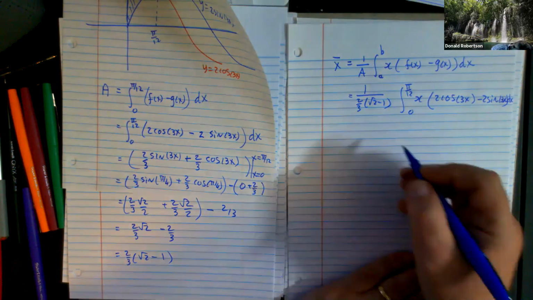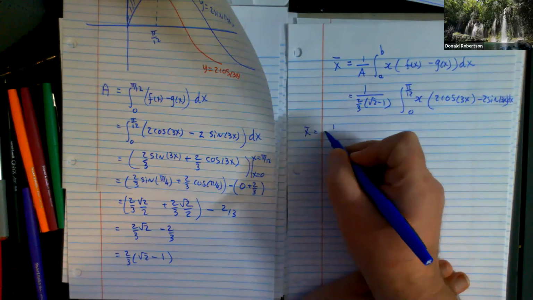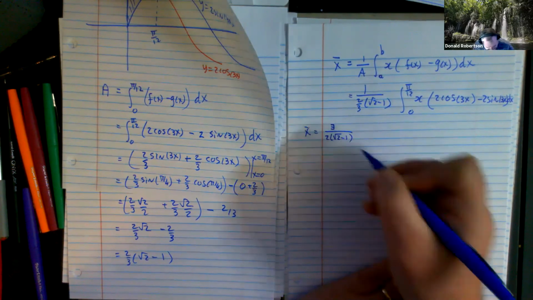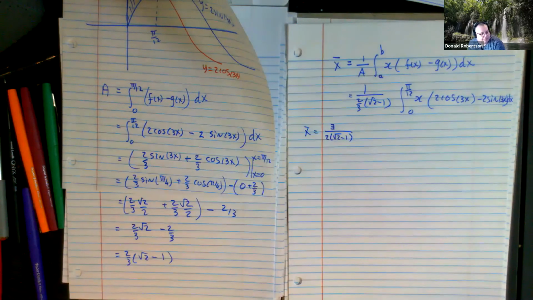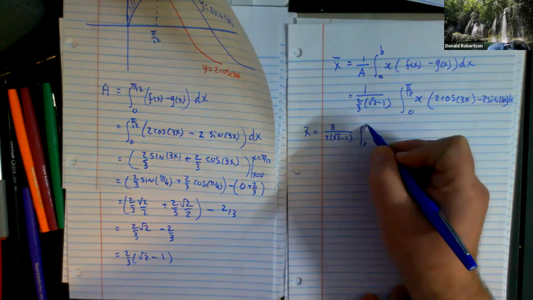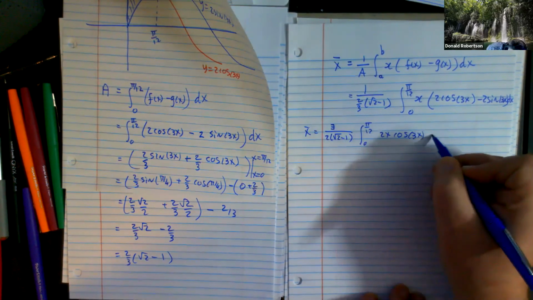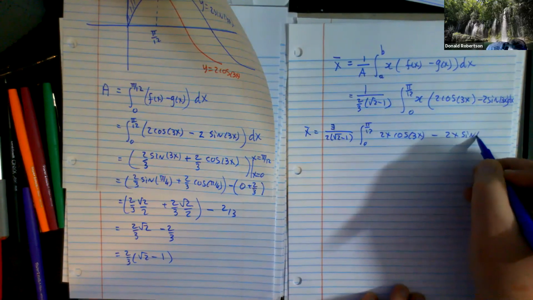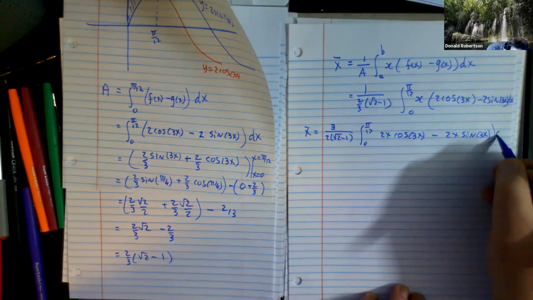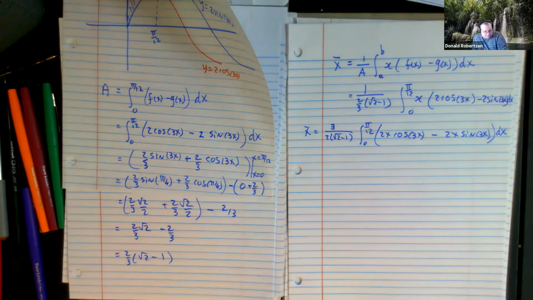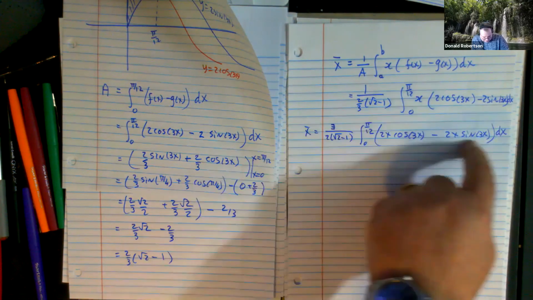Okay, so it's going to be, oh, I can do something. You happy about the 3 turning up on the top? It's not much of an improvement, but I'll do it. The integral from 0 to pi over 12, 2x cosine of 3x, take away 2x sine of 3x, dx. I just distributed the x's to get this, and I put that 3 on the top.